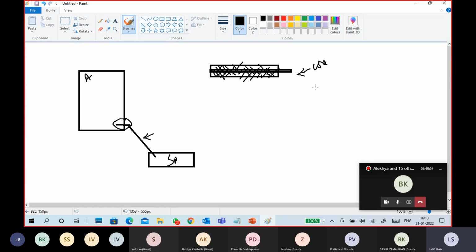This core cable originally transmits the data, the original one, and the copper mesh is used to protect your cable from electromagnetic interference, crosstalk kind of stuff.